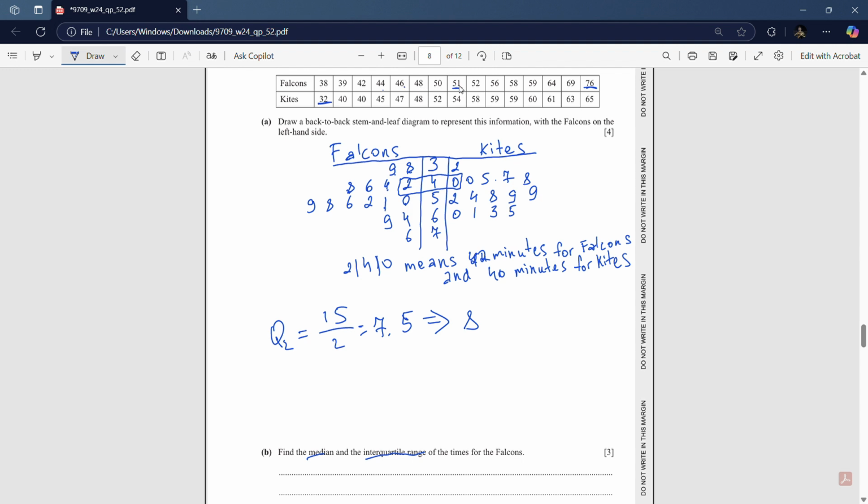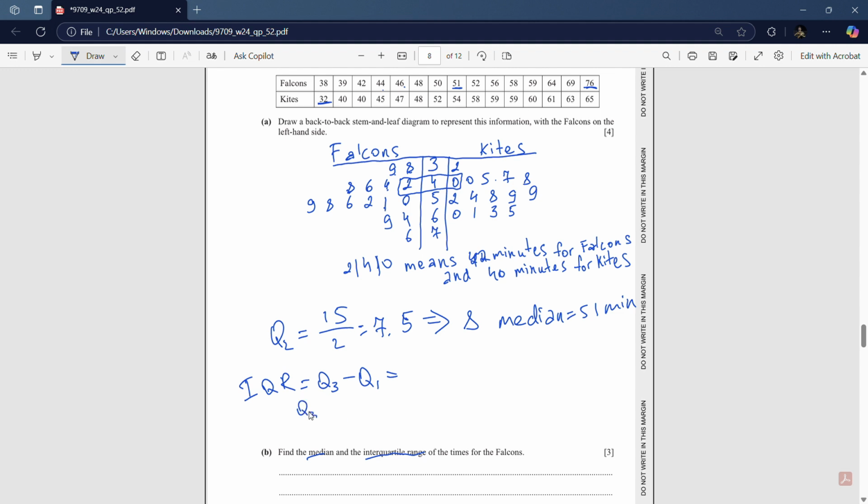So the eighth runner took 51 minutes to finish the race. So the median was 51 minutes, and now the interquartile range. To find the interquartile range, we have to subtract the lower quartile from the upper quartile.